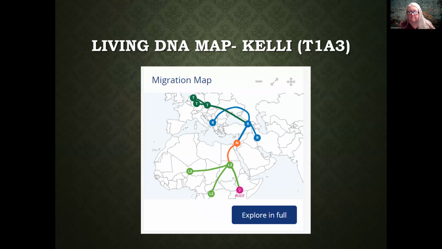So this one is mine for T1A3. And so what you can see is, starting with that root person in Africa, that pink, there are branches within Africa, and then kind of heading north, there's an N group and an R group, and eventually you get a T group up there, pretty close to Germany.